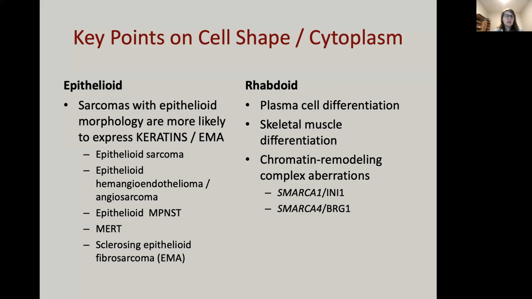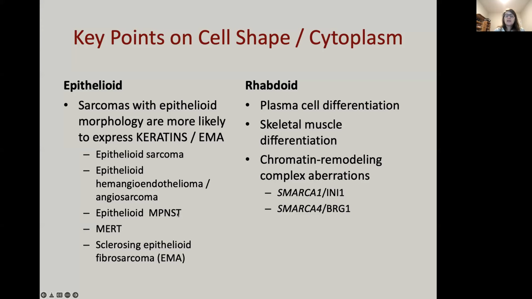So things like epithelioid sarcoma, epithelioid hemangioendothelioma or epithelioid angiosarcoma, even epithelioid MPNST, malignant epithelioid rhabdoid tumor, sclerosing epithelioid fibrosarcoma. Sometimes these can have keratins, some more than others. To diagnose epithelioid sarcoma, you basically have to have keratin. To diagnose an epithelioid MPNST, you may or may not have keratin, if that makes sense.